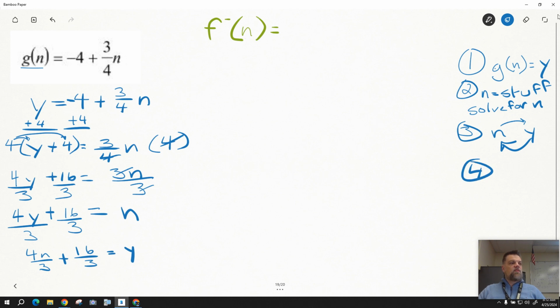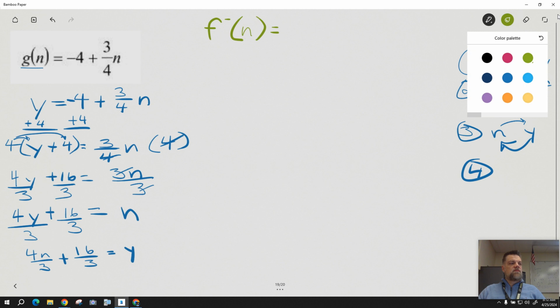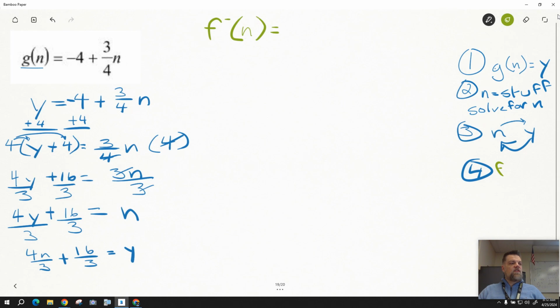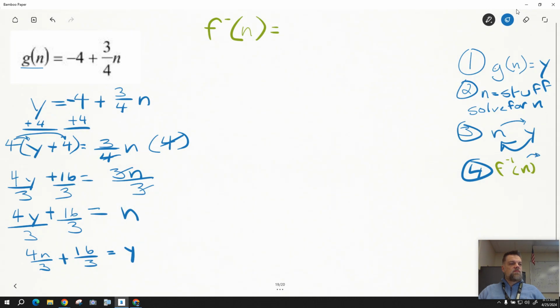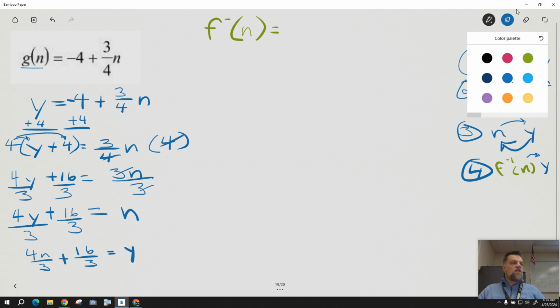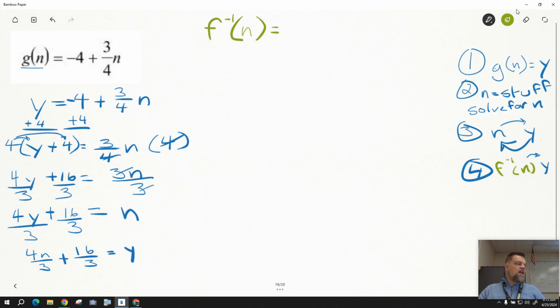We are going to plug in our f inverse notation for y. So up here, I'm going to have f inverse of n is equal to 4n over 3 plus 16 over 3.